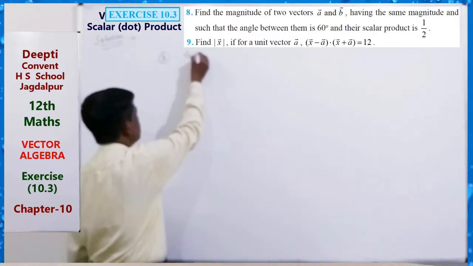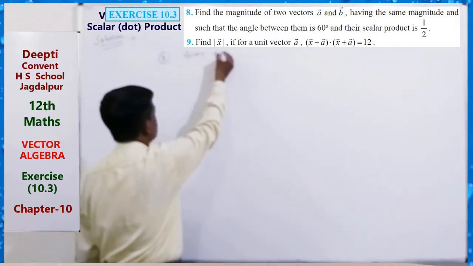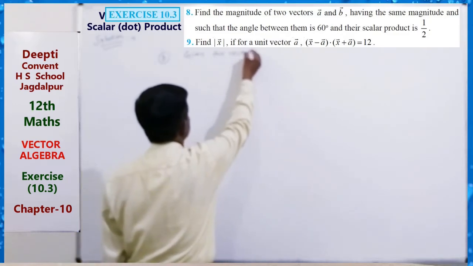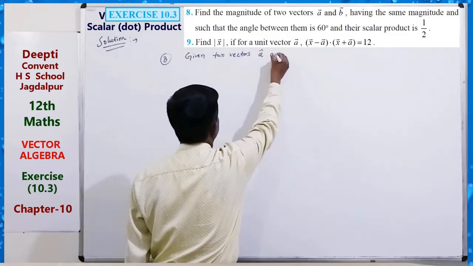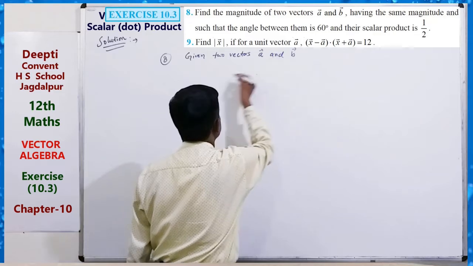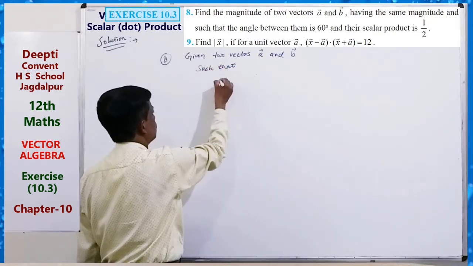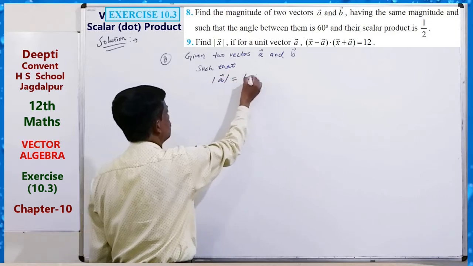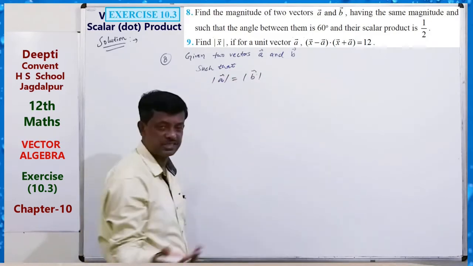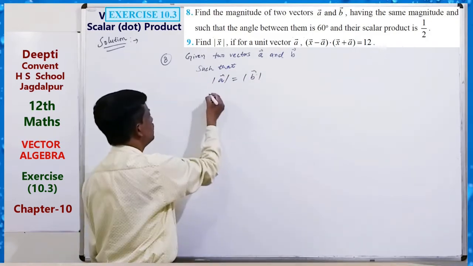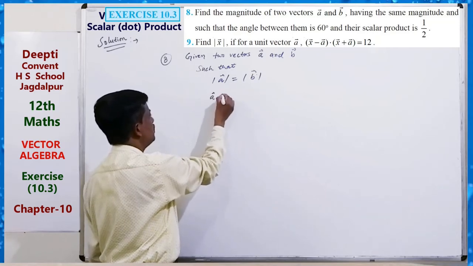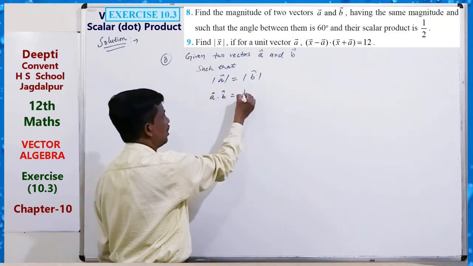Given two vectors A and B such that mod A equals mod B, the magnitudes are the same, and A dot B equals half.